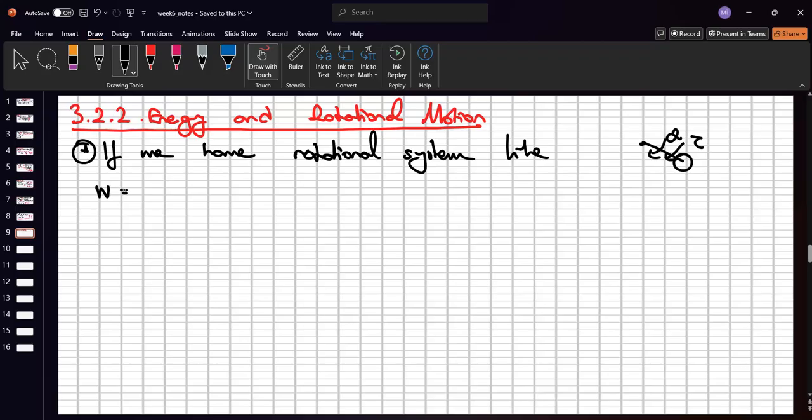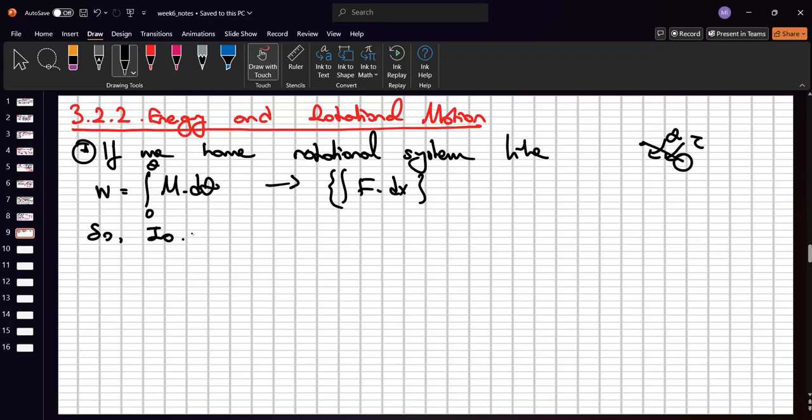The total energy can be defined with what? 0 to theta value, moment times d theta, right? Just like the f times dx, okay? It's the analogy, f dx.